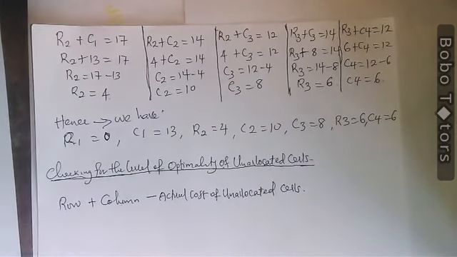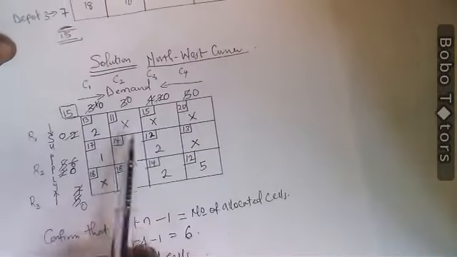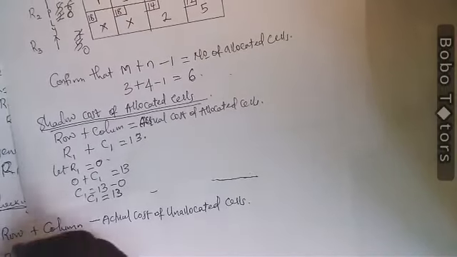In this next step, we are going to use the unallocated cells to determine the level of optimality. So I will look at my unallocated cells. Row 1. I have row 1.